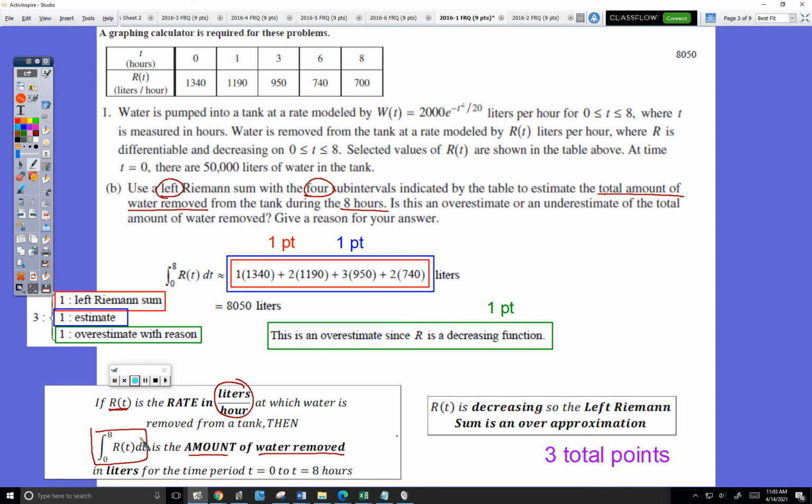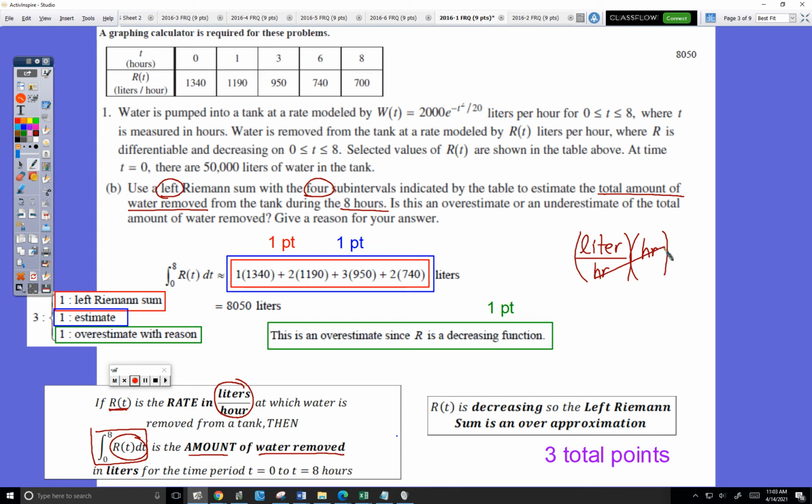You can see that because right here, you're multiplying R of t, which is liters per hour, by an amount of time, and you end up with liters.